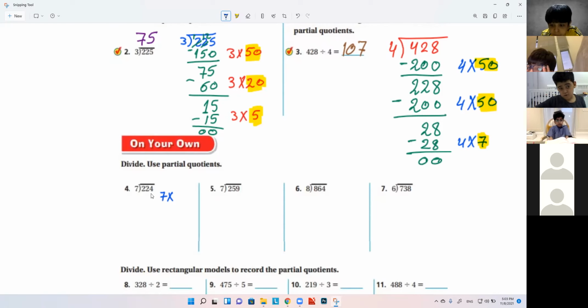Okay, so we're gonna multiply by what? 10 or 20 or 30 or 40 or 50, according to our number here, 224. So how can we multiply it by what? By 30. 30? By multiply by 30?